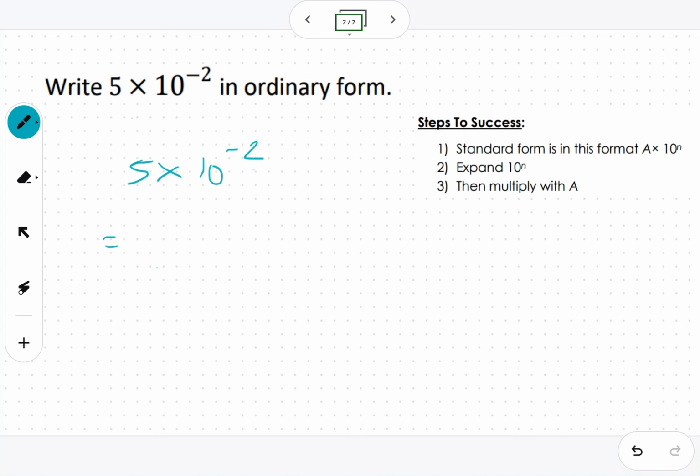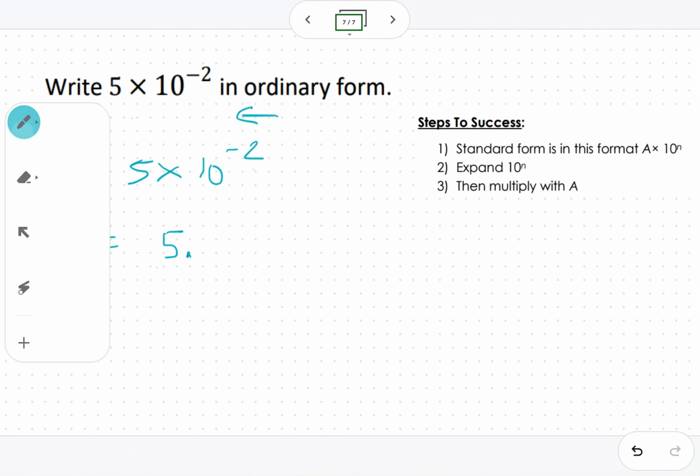You expect the ordinary number to be smaller than 5. So we have to move the decimal point to the left. This is 5, so the decimal point is here. Move to the left.